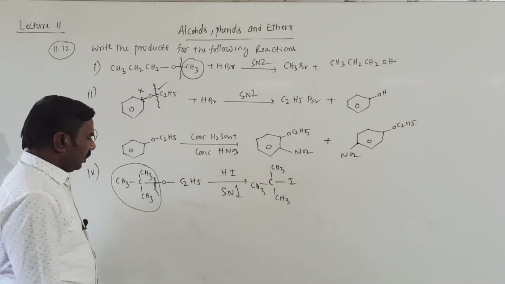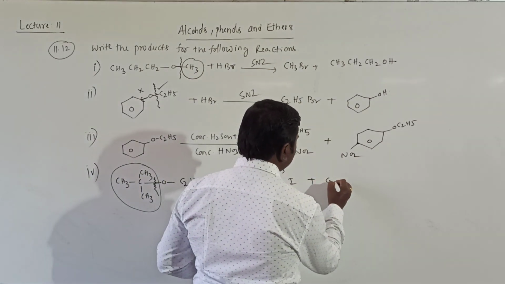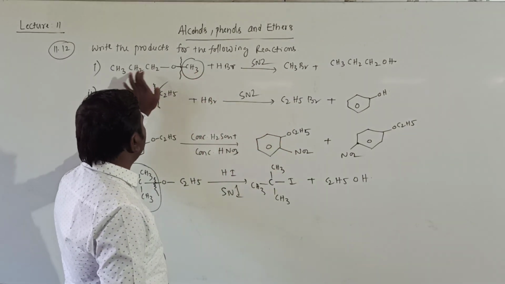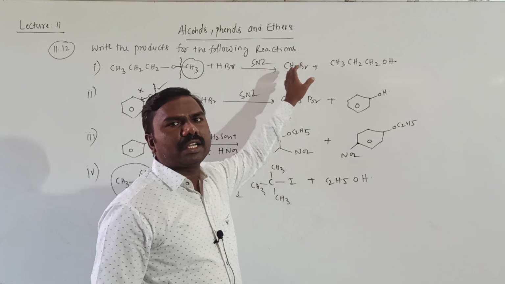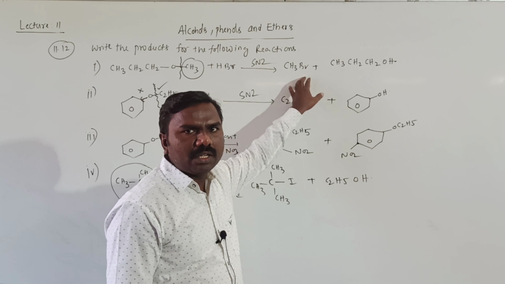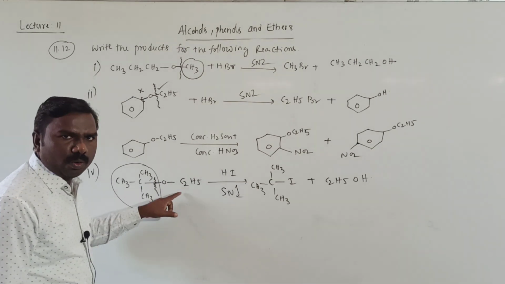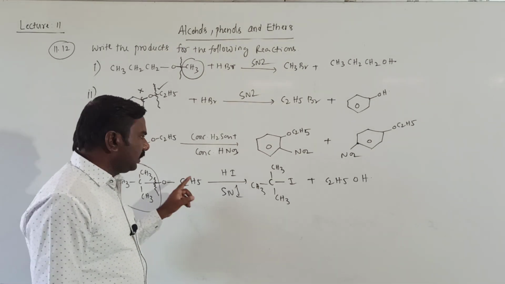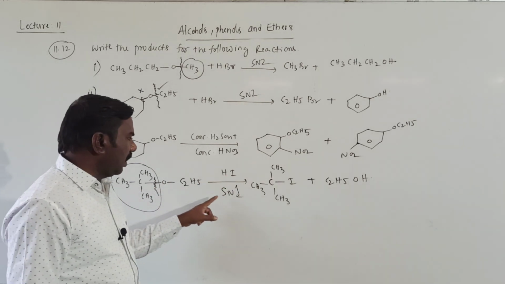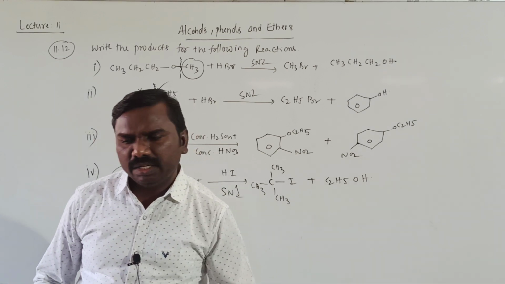Tertiary alkyl iodide is formed, and the smaller one, C2H5, with oxygen and H, is removed as C2H5OH. Understood? If you observe primary alkyl groups, the smaller one is connected by the nucleophile by the SN2 reaction, and primary alkyl halides are formed. If you take a tertiary alkyl group in the ether, the C-O bond is broken by the SN1 reaction. This I- nucleophile is attached to the tertiary carbocation by SN1, then forms tertiary alkyl halides. This is what we have discussed already, right?